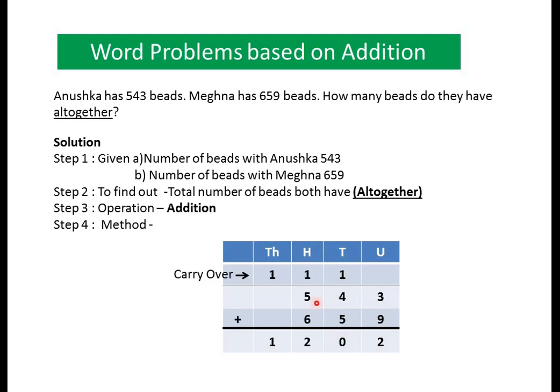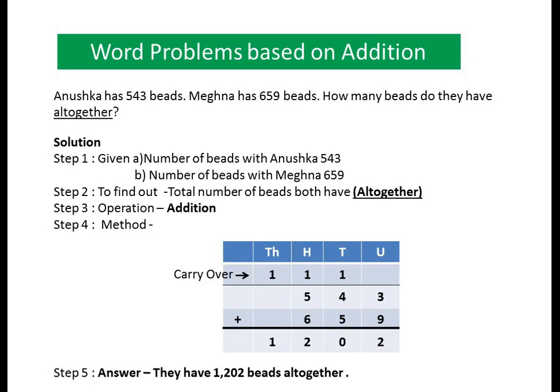Addition of hundreds place. 5 plus 6 plus 1 is equal to 12. So write 2 in hundreds place and carry 1 to thousands place. Addition of thousands place. 0 plus 0 plus 1 is equal to 1. So write 1 in thousands place.